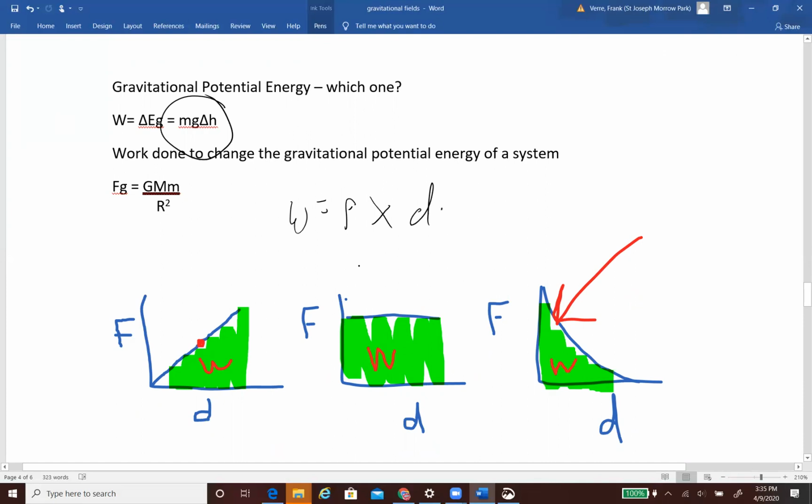Now, if I look at this example here, my question would be, what does the area of that graph represent? The area being a shape. So here's force, and here's distance, and we know work is force times distance. So this area that you're seeing here should represent the what?